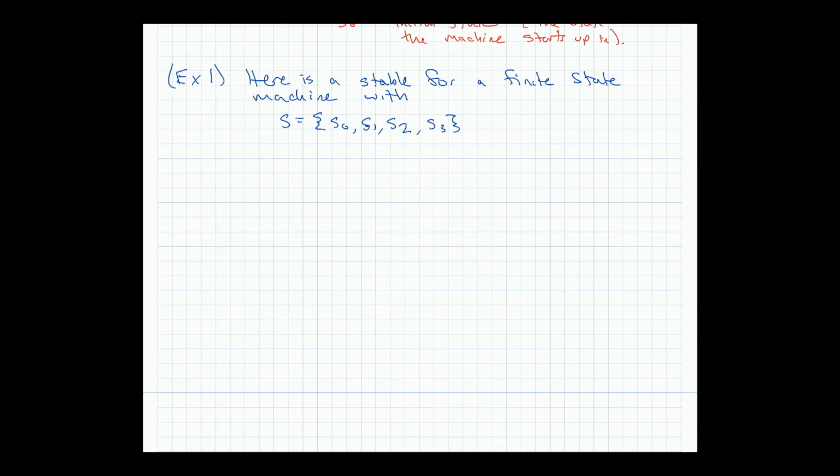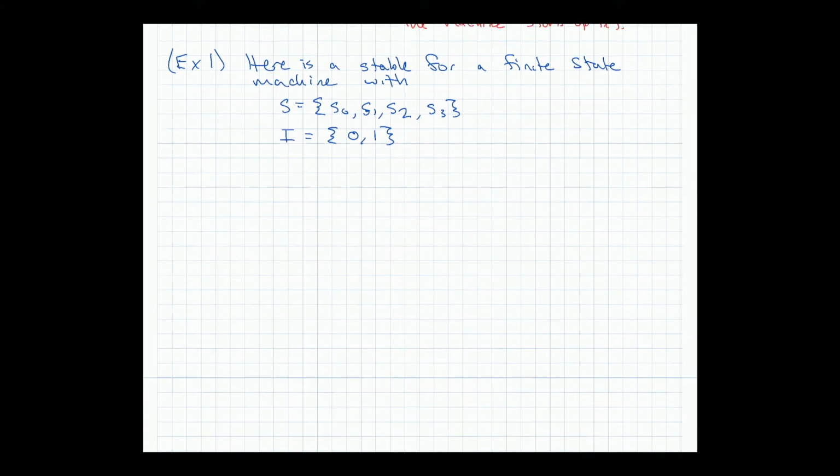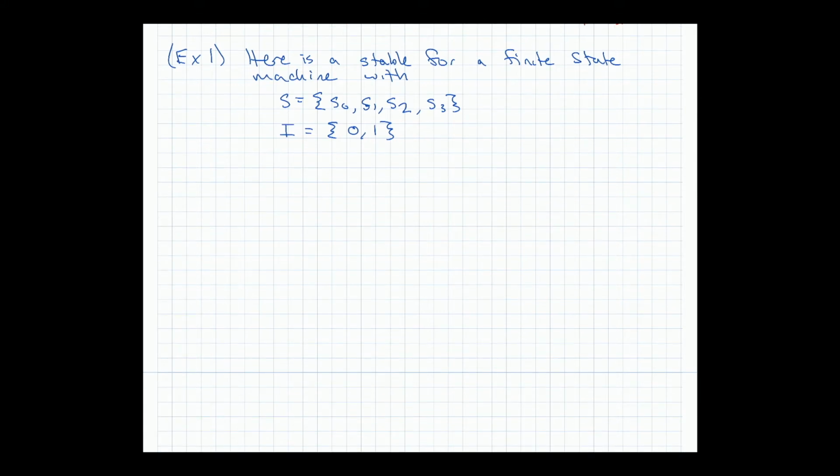We have possible inputs, and in this case, the inputs are just 0 and 1. Now, what do those represent? I don't know. I don't care, right? We don't need to know that in order to write stuff out about this finite state machine. Now, what are the outputs? Also 0 and 1. Okay, so we've got the states, the inputs, the outputs.